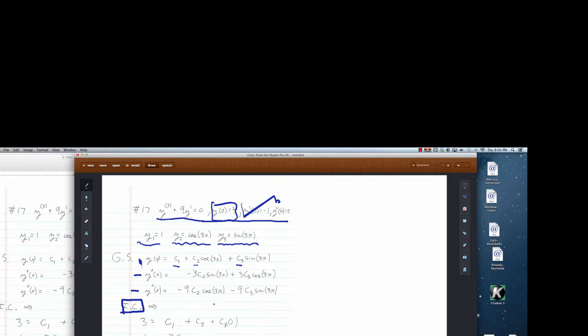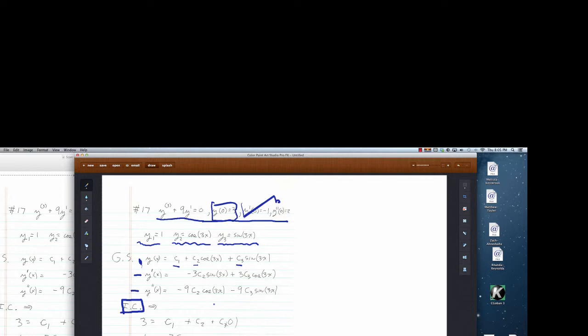Plugging C2 back into the first equation, we arrive at C1 equal to 21/9, and we now have the particular solution that satisfies the differential equation with those particular initial conditions.